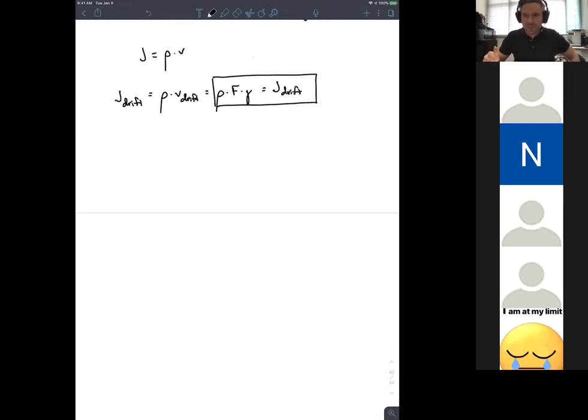All right, so now what we showed previously without drift was that the time derivative of the concentration profile is equal to the negative spatial derivative of the flux. And what we had previously was that this flux with no drift was just equal to our diffusive flux.